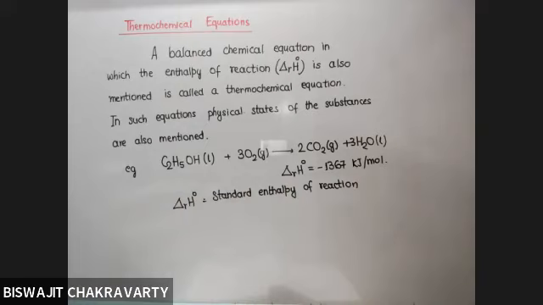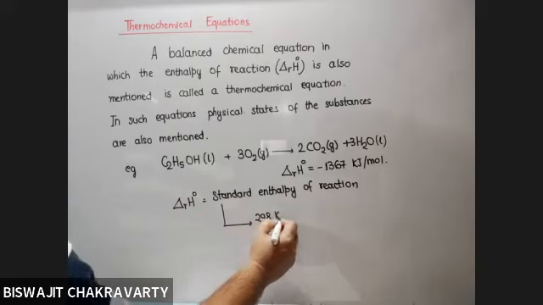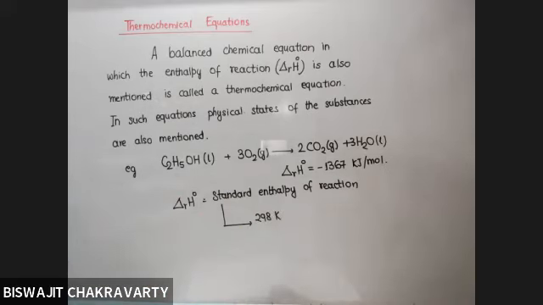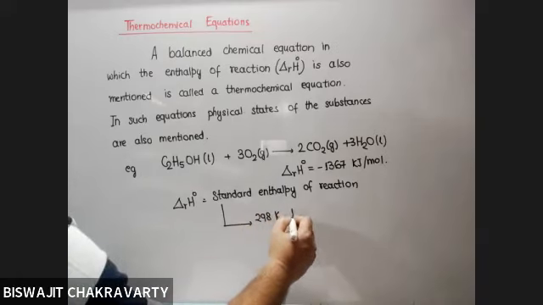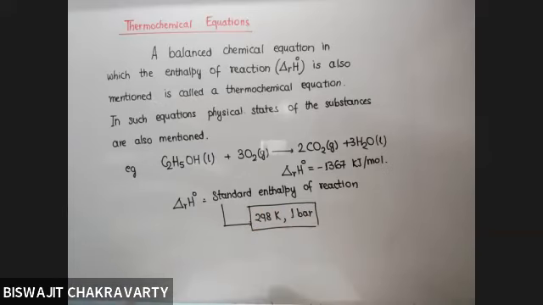Standard means something which is known to us. So when we use the term standard, it means that the temperature under consideration is 298 Kelvin and the pressure applied during the reaction is 1 bar. But if any one of the two or both of them are not maintained, we don't put the degree sign over the delta RH. So it becomes simply enthalpy of reaction. But when we put a degree over it, it becomes standard enthalpy of reaction.